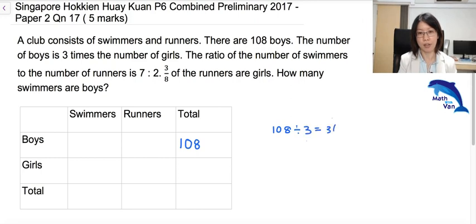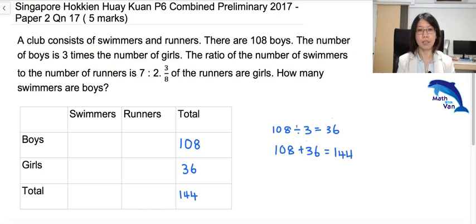That is 36, so I can fill it in here. And as you piece them together, what can you find? We can find a grand total. And what do I mean by the grand total? As I explained just now, it is the total number of members in the club.